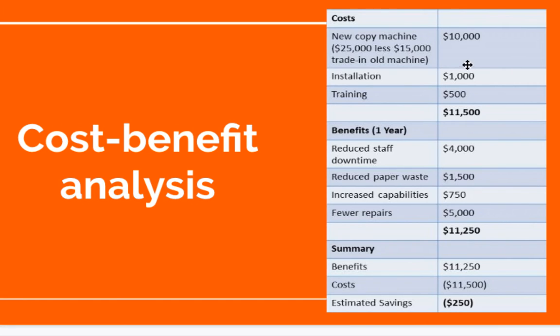So the cost was $11,500. The benefit over the year is $11,250. So when you look at the summary of the cost-benefit analysis, the school district, by buying the new copier, would lose about $250.